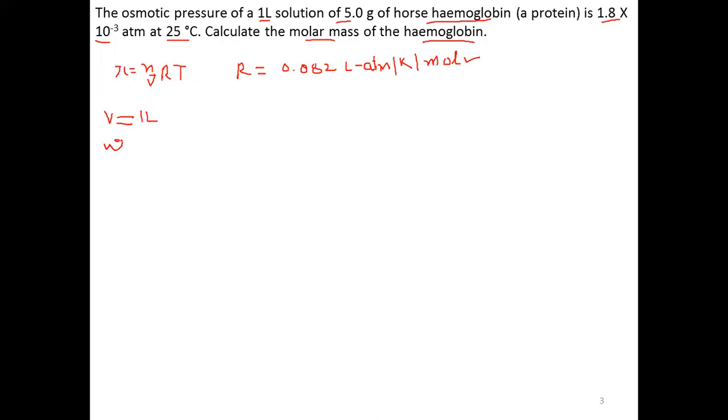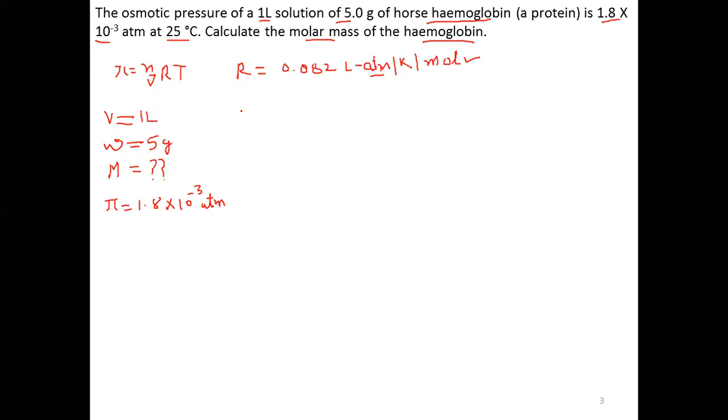Weight is equal to 5 grams. M we have to calculate. We have to calculate the molecular mass, and we are given with the value of pi. Osmotic pressure is 1.8 into 10 raised to the power minus 3 atmosphere again. So it is in atmosphere. R also has unit in atmosphere, so no need to change.